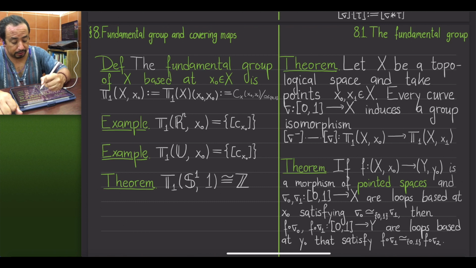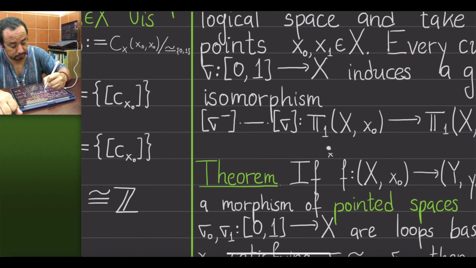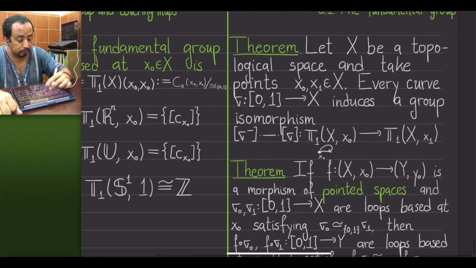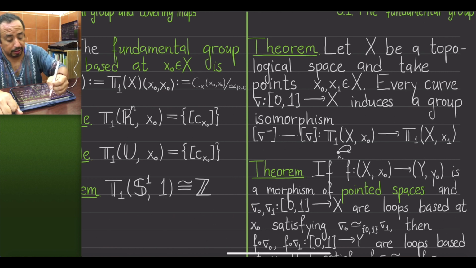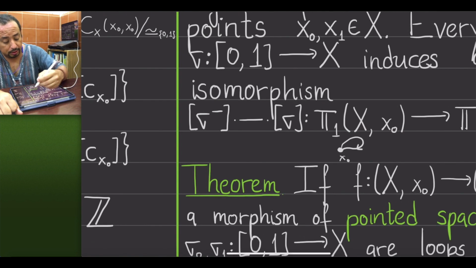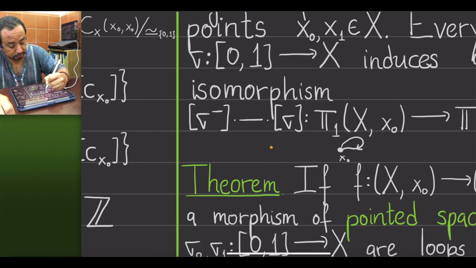So somehow, here you have the group based at x0, right? And to any homotopy class of loop based at x0, you want to associate a homotopy class of a loop based at x1. Well, what can you do? We are starting with this curve from x0 to x1.